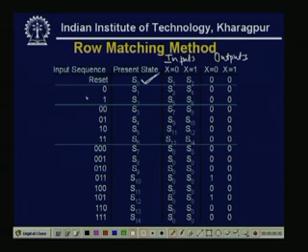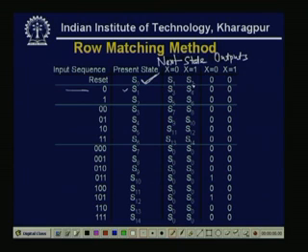Now, for the input sequences, these are the next states for these inputs. Now, if the present state is S1 and input 0 comes, then it goes to S3.